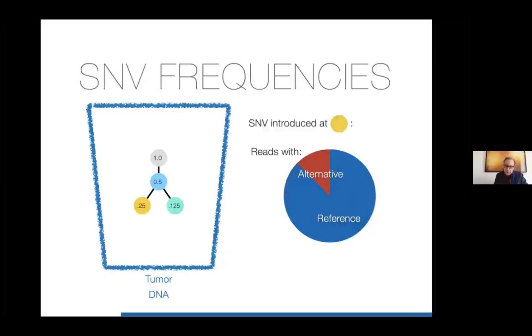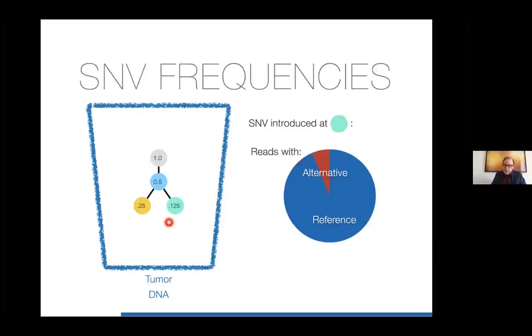So if we look at the SNVs introduced here, that's a quarter of the cells, and an eighth of the reads covering that SNV position will be alternative, mutated, and the rest will be reference.